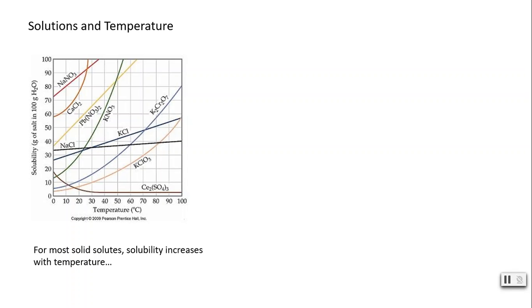And that kind of makes sense, right? Usually you can dissolve more of a substance in a liquid that's hot than a liquid that's cold. So for most solutes that are solids, solubility, or how much you can dissolve in a solvent, increases with increasing temperature. Makes sense?